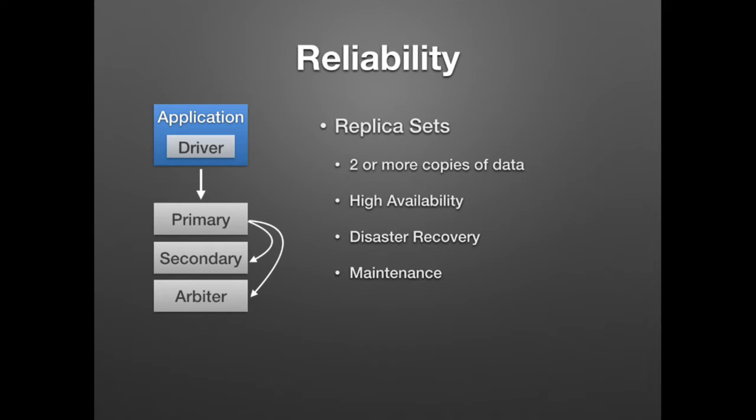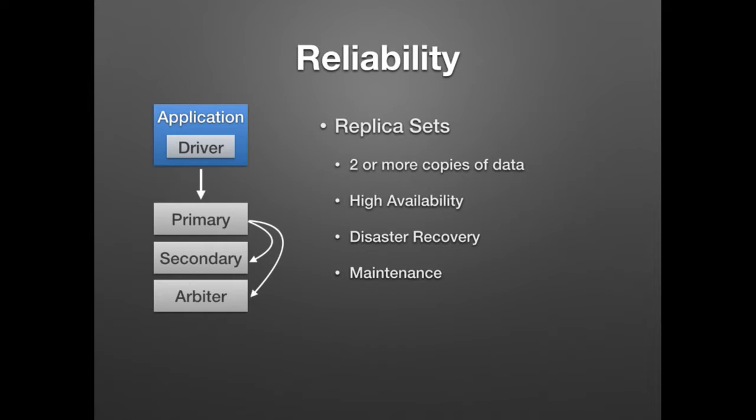What I'm going to show a little bit later is the minimal configuration, where you can actually just have 2 copies of the data and a third node called an arbiter. And the arbiter is just a lightweight process that participates in the elections. Basically what's happening here is the nodes are exchanging a heartbeat among each other, so they're going to automatically detect failure. If a node fails and that node is the primary, then a new primary will get elected.